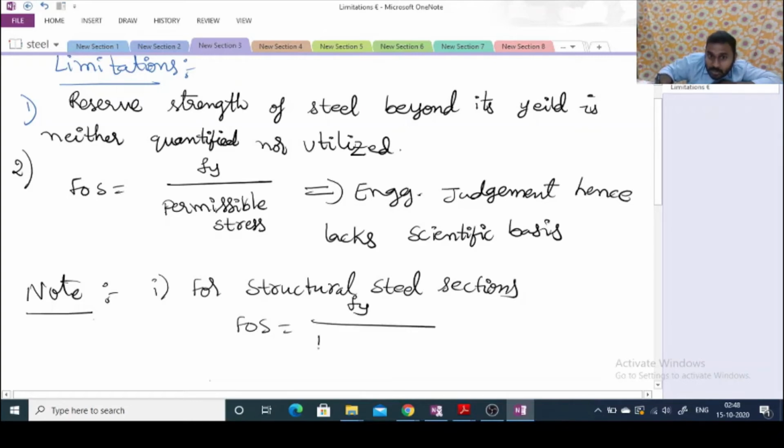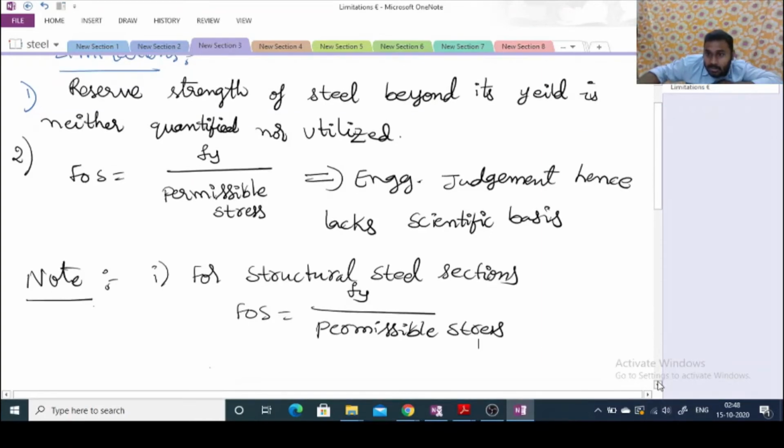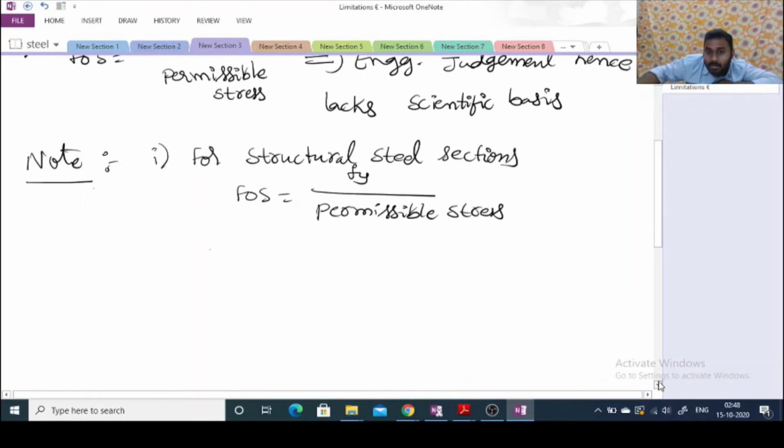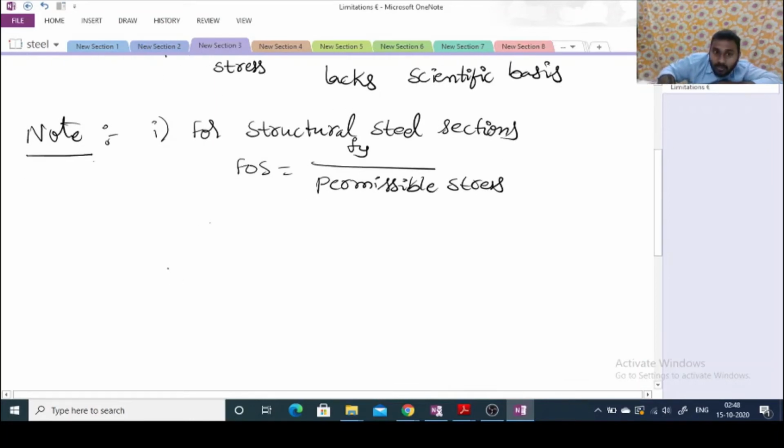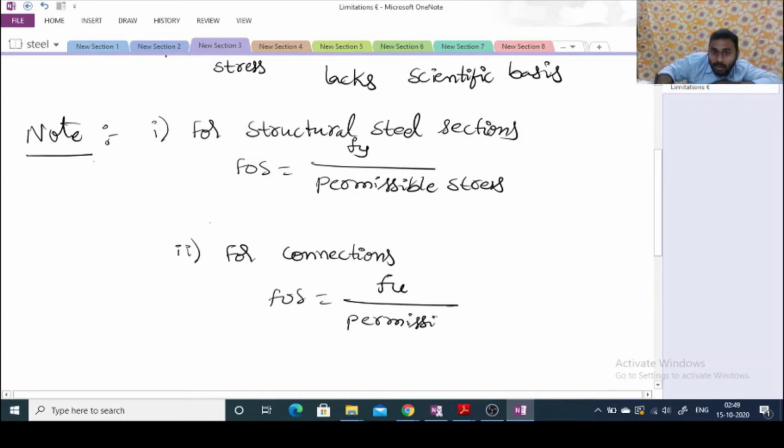For structural steel sections, the factor of safety is Fy by permissible stress. Now for connections, the factor of safety is Fu by permissible stress. Very important point to be noted.